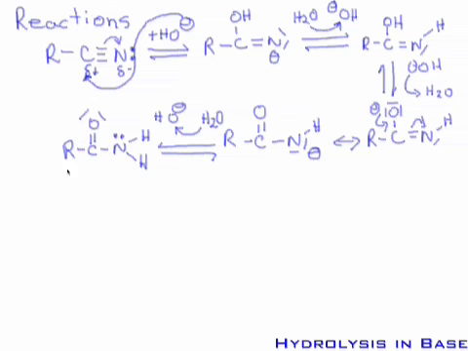An amide. We form an amide functional group. And so the rest of the procedure is just hydrolysis of the amide. The first step of hydrolysis leads to amide, and then the amide continues to react.